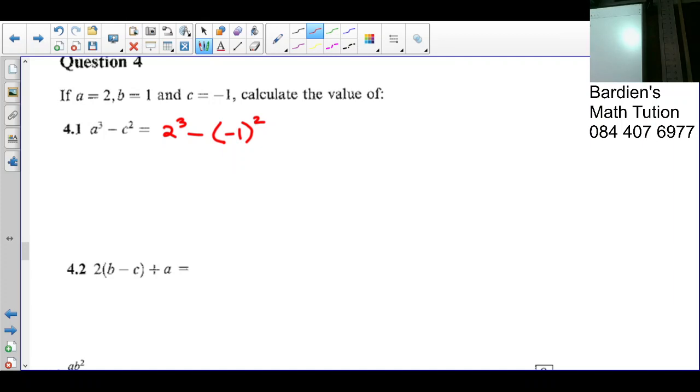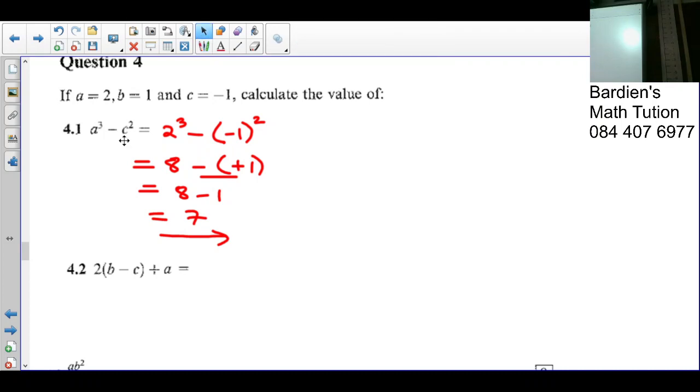Didn't I say question 4? Yes. So what is 2 cubed? 8. Minus, we sort out the brackets first. So negative 1 squared is positive. What's negative times positive? Negative 1. 8 minus 1? Any confusion here? No? You all understand, eh?